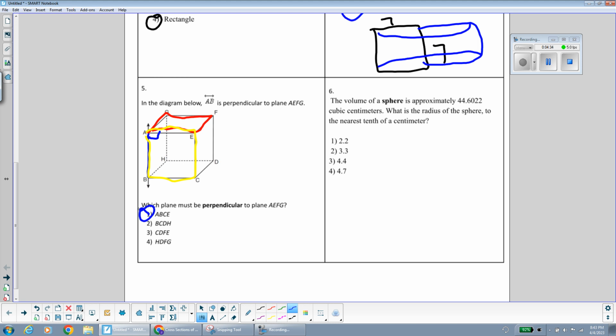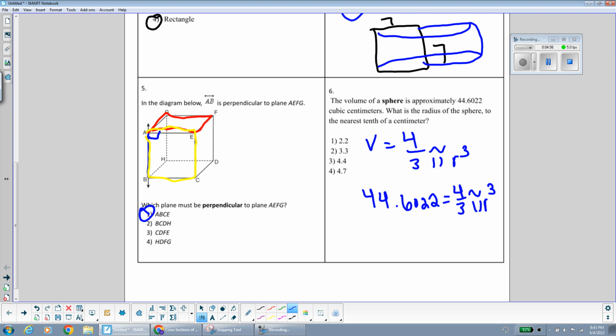There we go. Okay, so the volume of the sphere, so let me write my formula. The volume is 44.6022 cubic centimeters. And we're finding the radius.